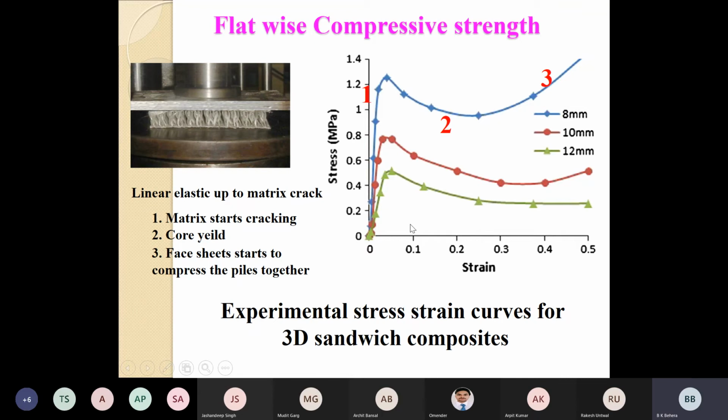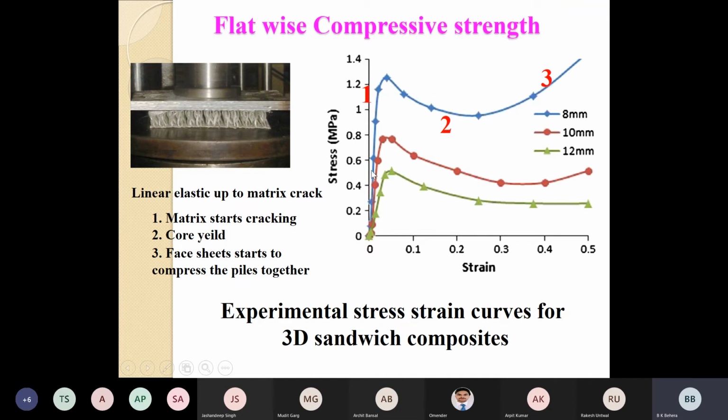These terms are difficult for you to understand, because you can understand this only if you study some composite subject. Composites are made after inserting some matrix into these structures. So when we load this, whether in this way or that way, initially it takes load. At this point, it collapses. At this point, it collapses. At this point, it collapses.